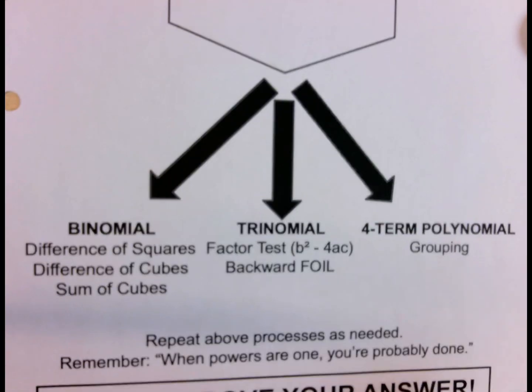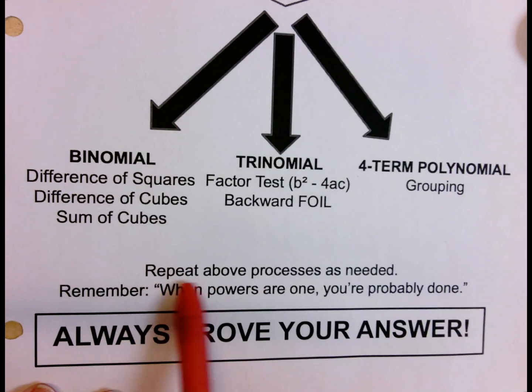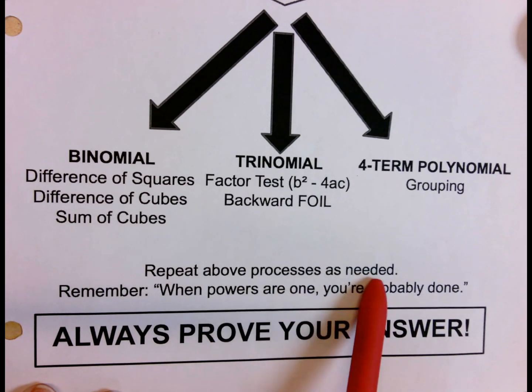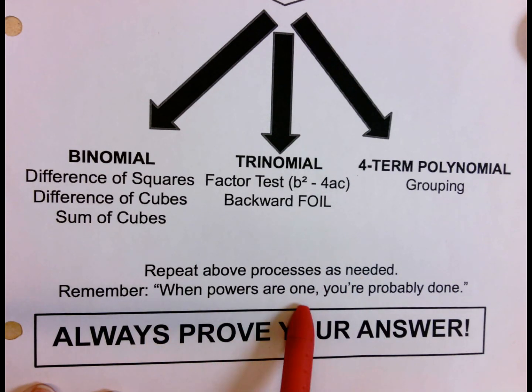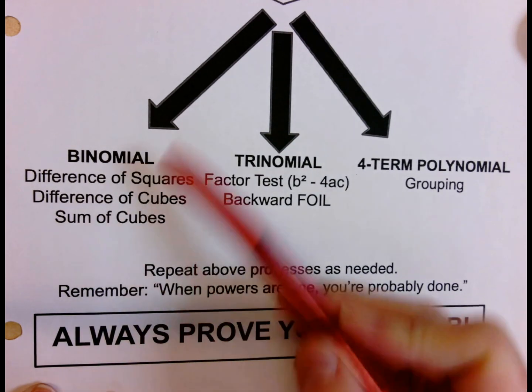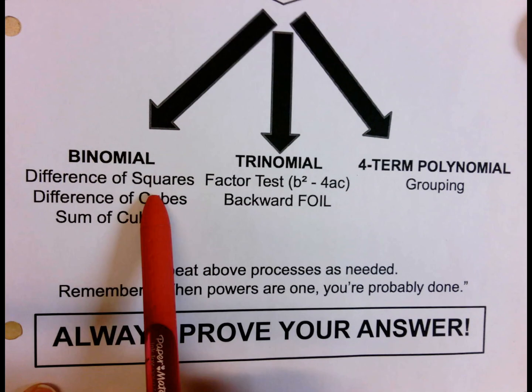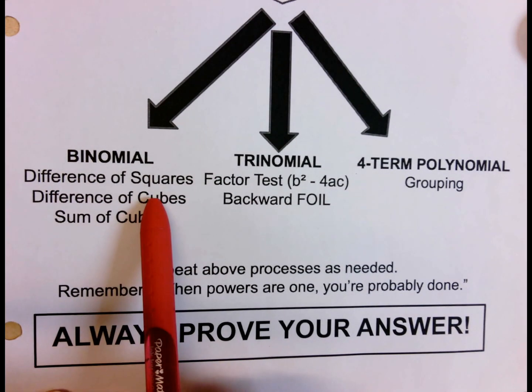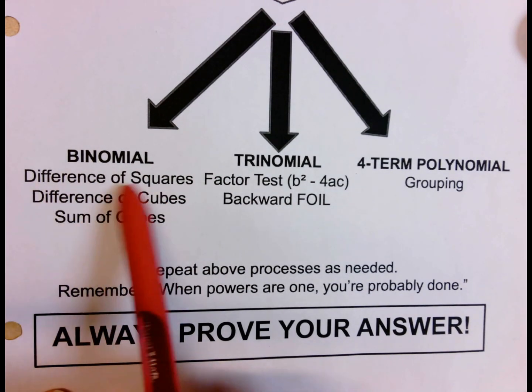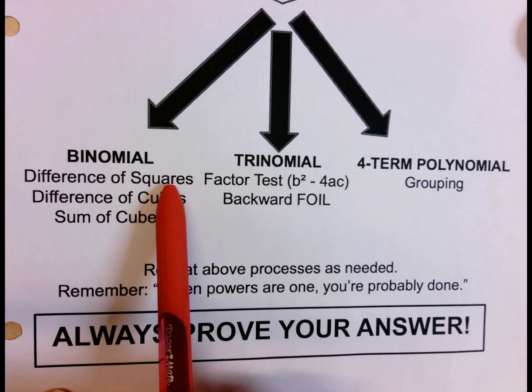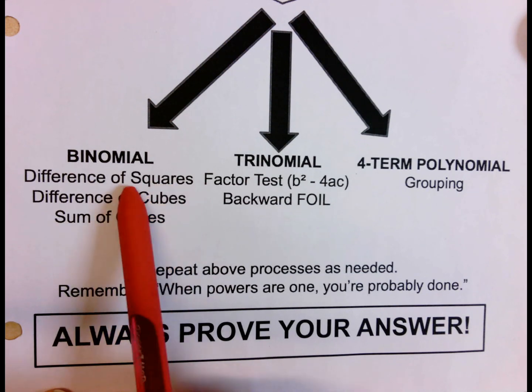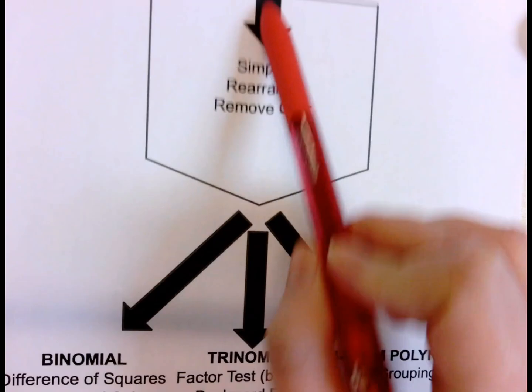Okay, the other thing to remember is that you always want to repeat the processes as needed. So when your powers are 1, you're probably done. So if you get through here and you realize that something's a difference of squares and you factor it, but then you're left with something that still has a higher exponent, an exponent of 2 or 4 or 5, then we want to take that same polynomial and run it back through this whole process again.